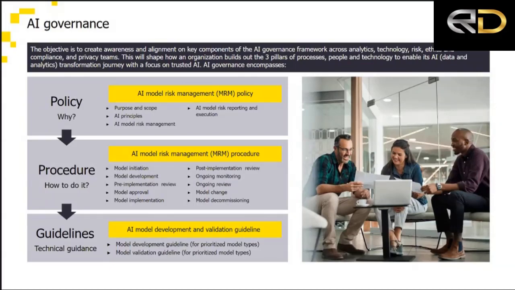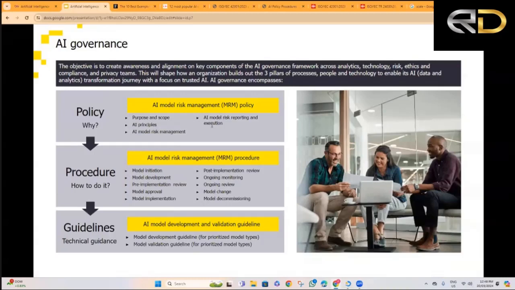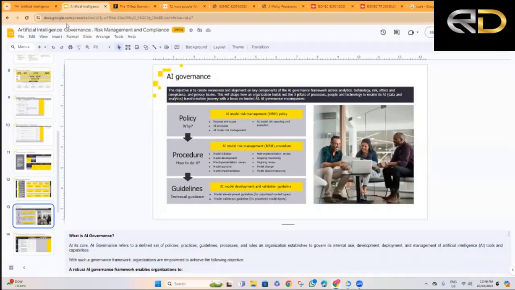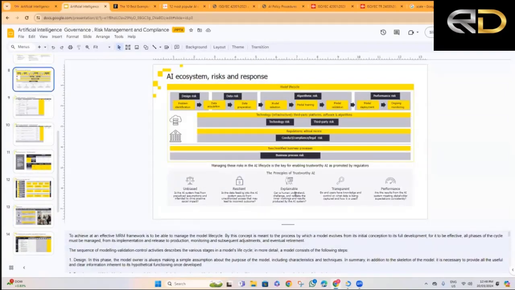If you look at this why, the policy, this is the AI principles that you're looking at right here: unbiased, resilient, explainable, transparent, and performance.